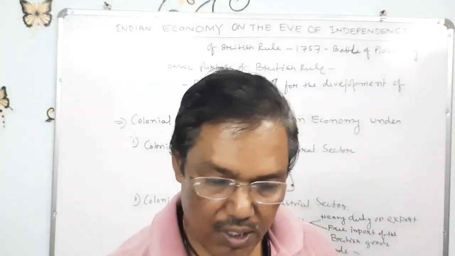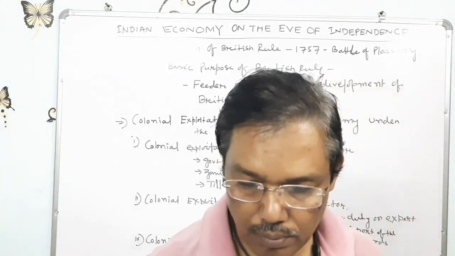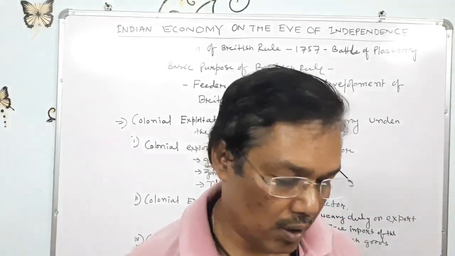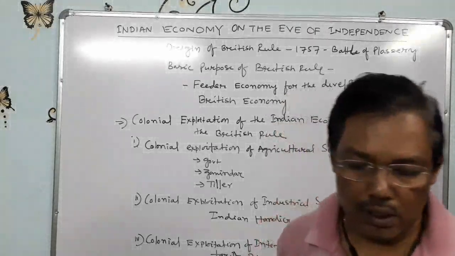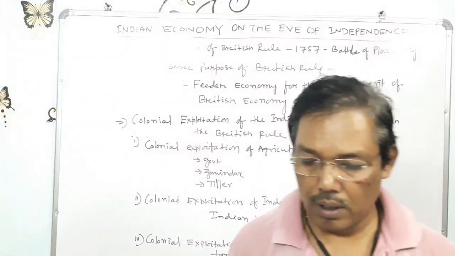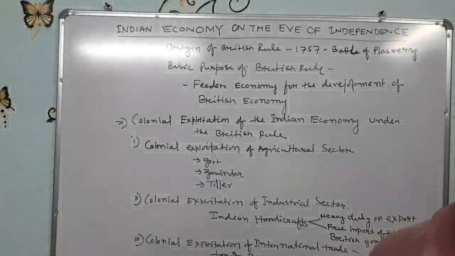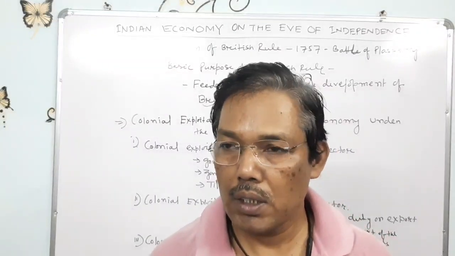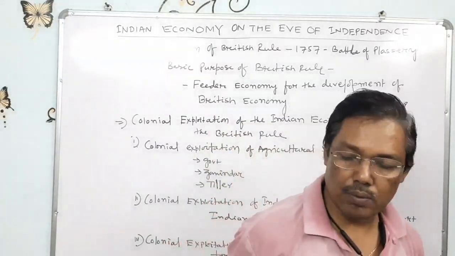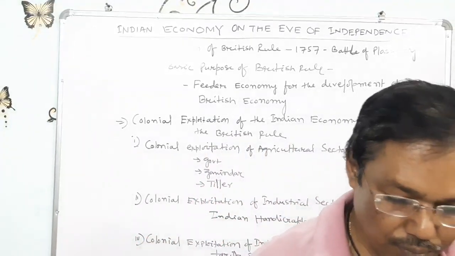We have already finished the first part, macroeconomics, and today we'll start Part B, that is Indian economic development. This Part B consists of 40 marks, and it is the theoretical portion.